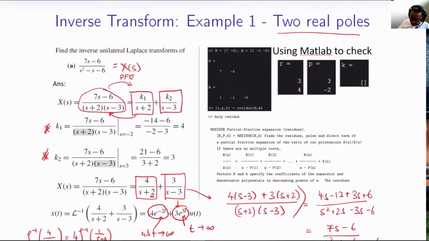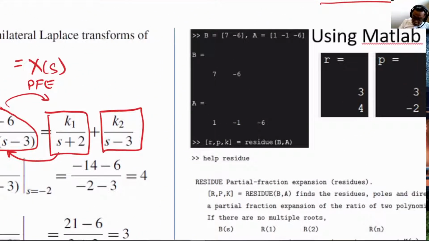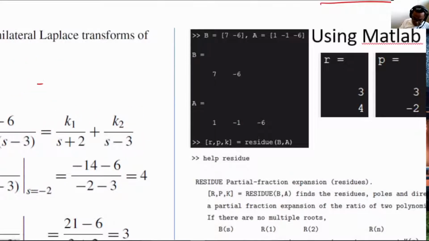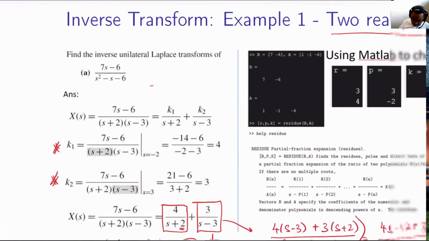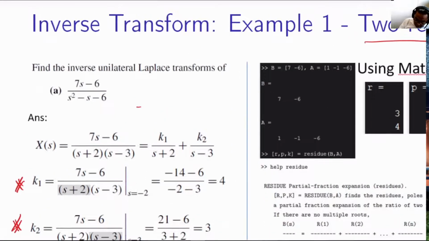Now, how to do partial fractions using MATLAB. This is trivial. What you do is this. Get this numerator and just put the coefficients down: 7 and minus 6.